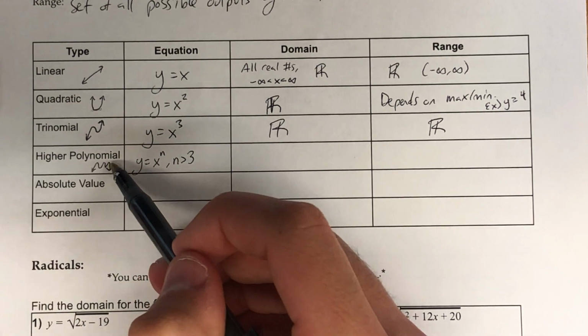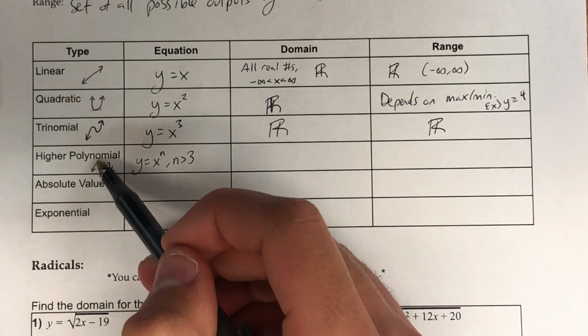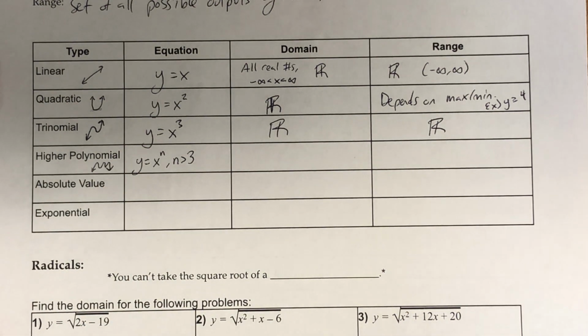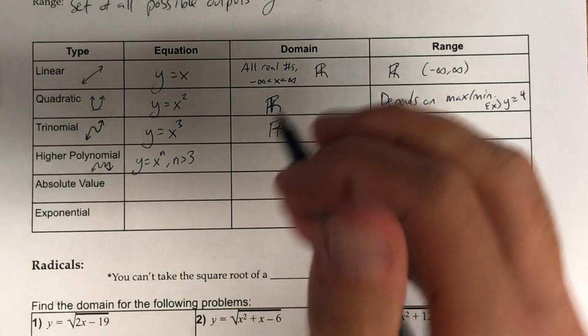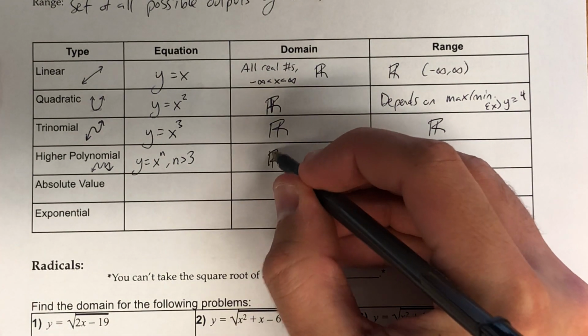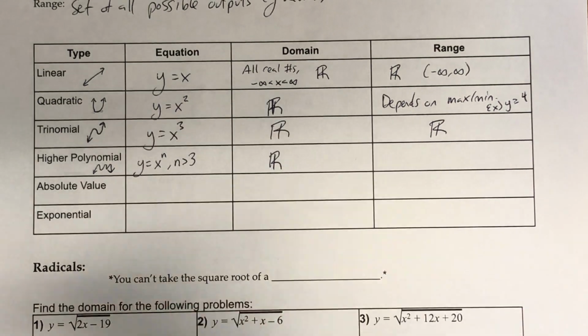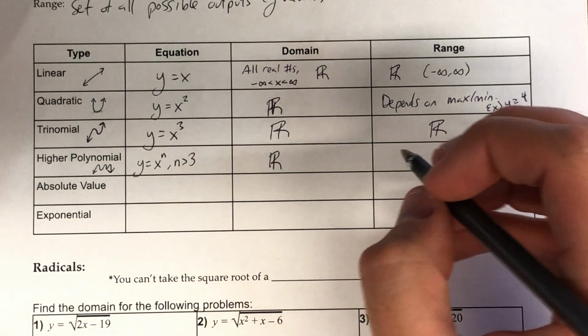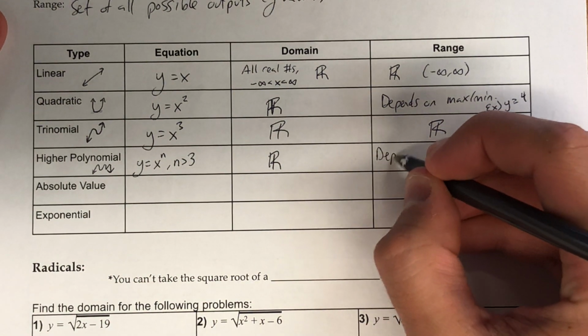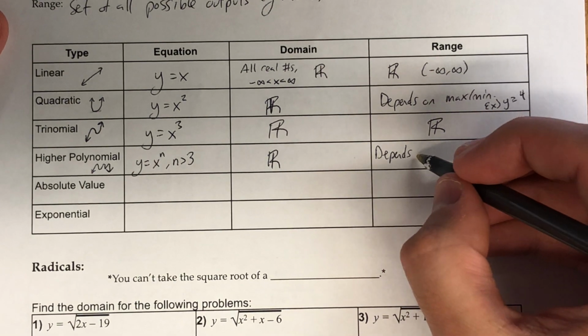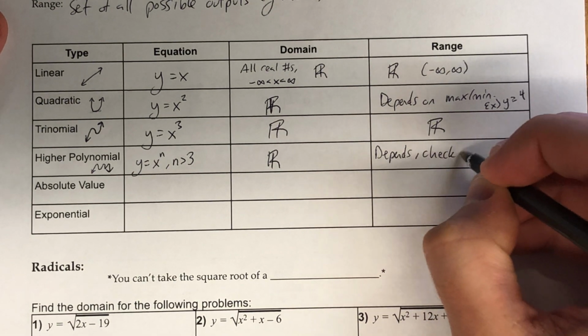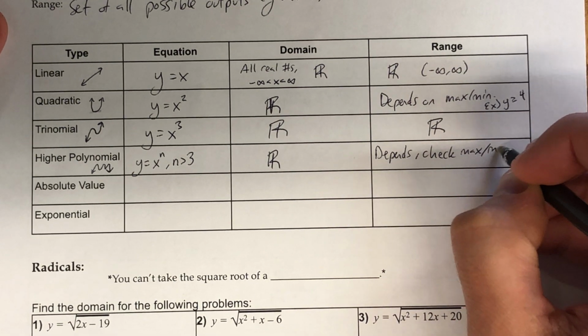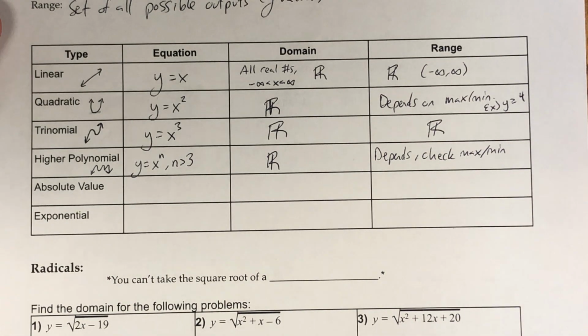Sometimes they both have end behavior in the same direction. Sometimes they have opposite directions. So domain, though, that's always the same. There's never anything we can't plug in for x. Range, again, with higher polynomials, this one depends. You just have to check if there are maximum or minimum values.